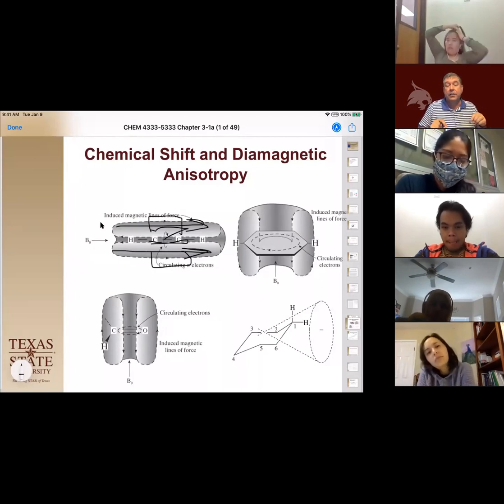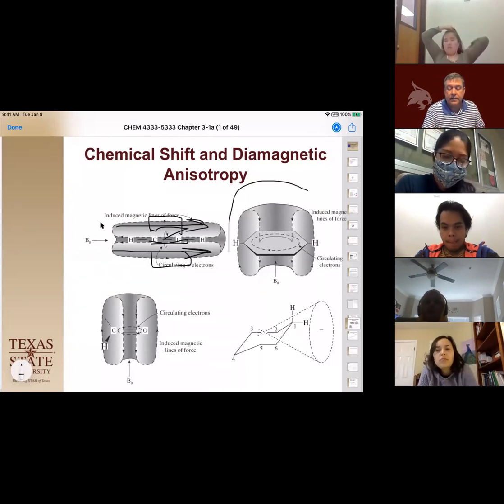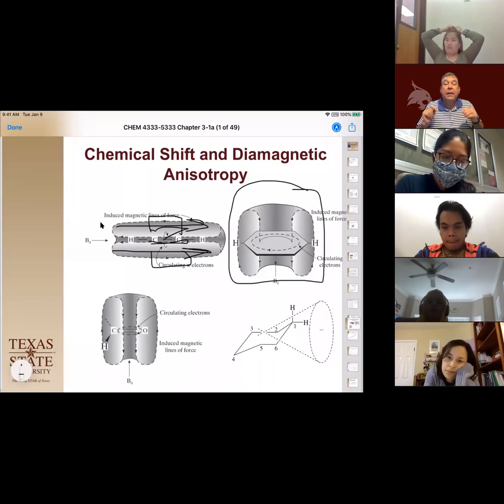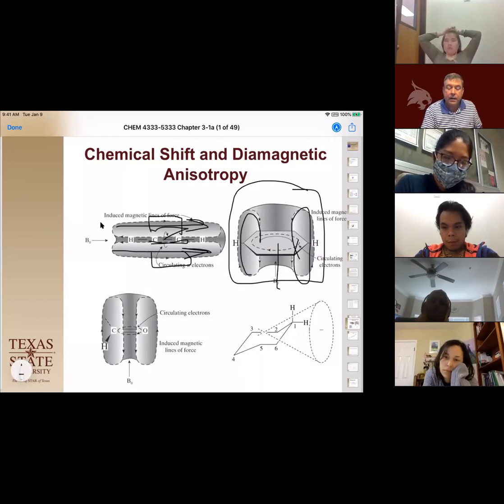So it's going to actually not be as deshielded as the case of benzene. Benzene is more deshielded because of the ability for it to create an electron cloud and actually have that electron cloud more easily aligned with the magnetic field.